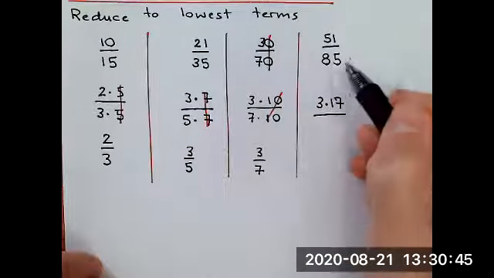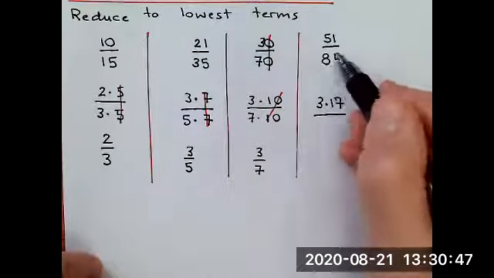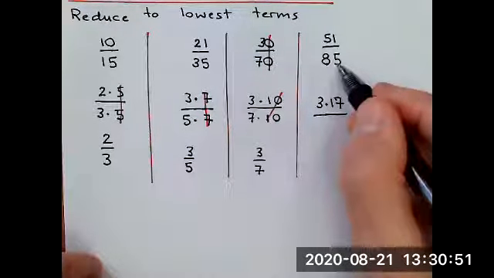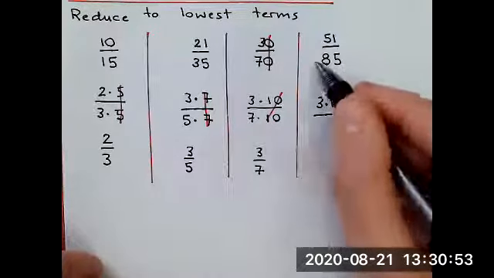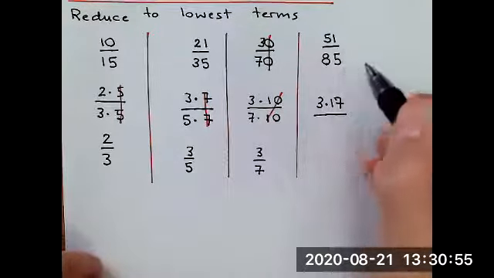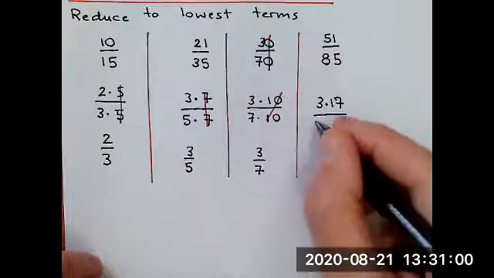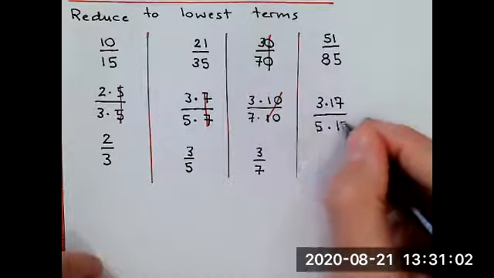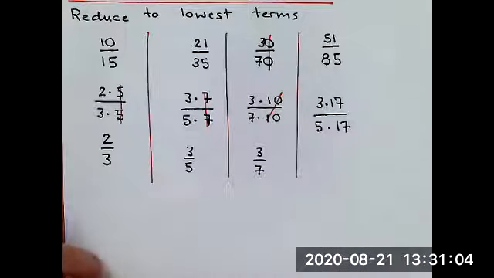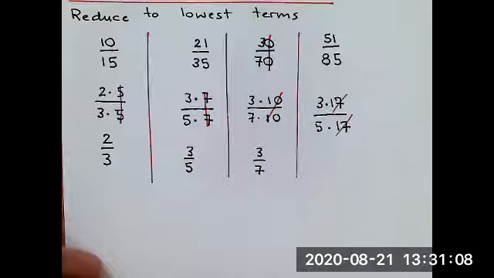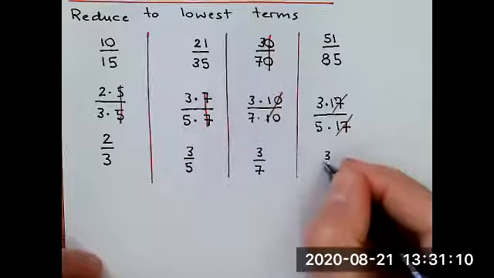With 85, you would try 2. 2 does not go into it because it's odd. 8 plus 5 makes 13, so 3 does not go into it. But it does end with a 5, so 5 goes into it. 17 over 17 equals 1, and you get 3/5.